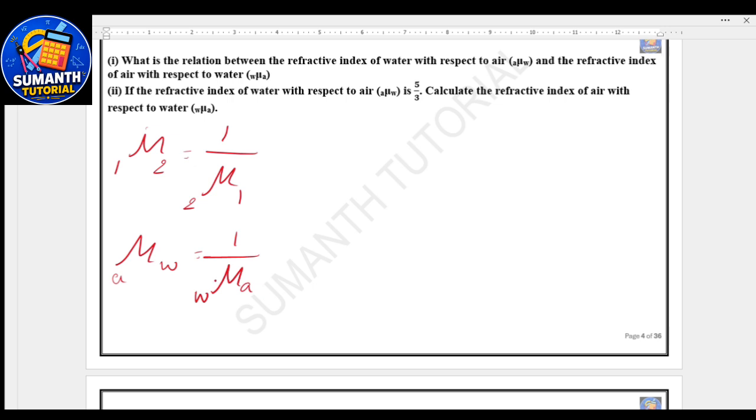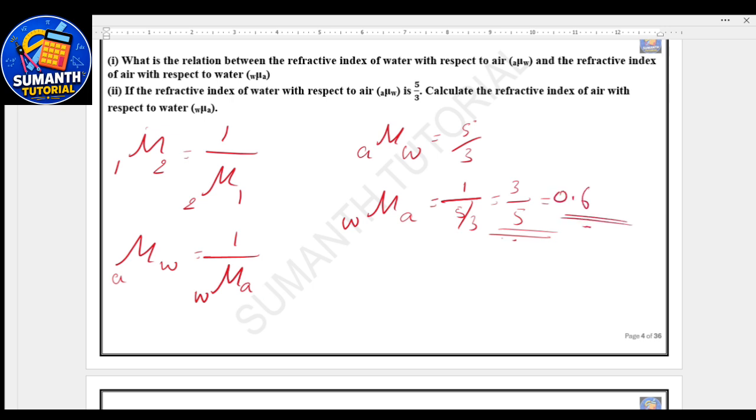The refractive index of water with respect to air is 5 by 3, so the refractive index of air with respect to water is 1 divided by 5 by 3, nothing but 3 by 5. You can keep your answer like this, or if you want to represent it in decimal, it is 0.6. 3 by 5 or 0.6, both are right.